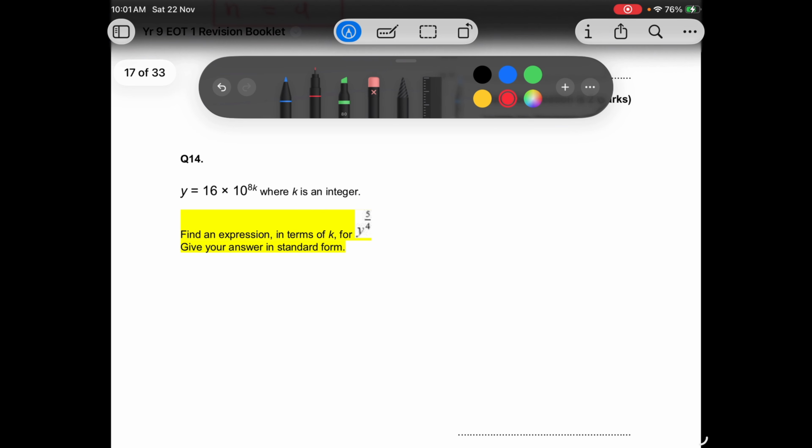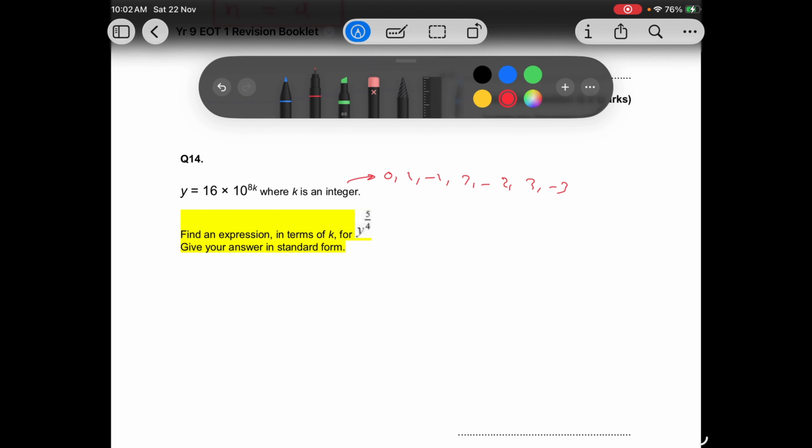Next, y equals 16 times 10 to the power of 8k, where k is an integer. Again, integers are 0, 1, minus 1, 2, minus 2, 3, minus 3, and so on and so forth. There's no decimal, no fractions. And here, find an expression in terms of k of y to the power of 5 over 4.